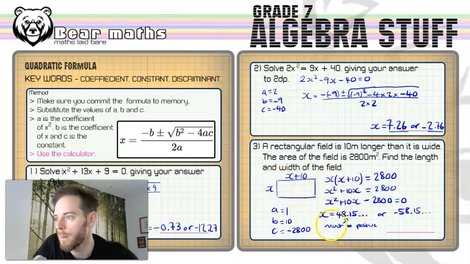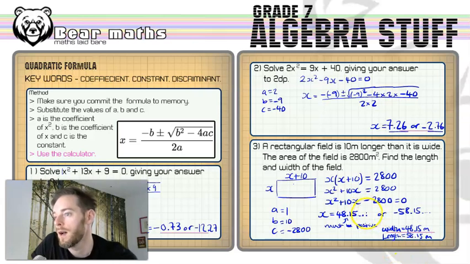So the width equals, let's actually write width, let's get rid of that. The width equals 48.15, and the length, there we go, the length is 10 meters longer than that, so it's just 58.15 meters.